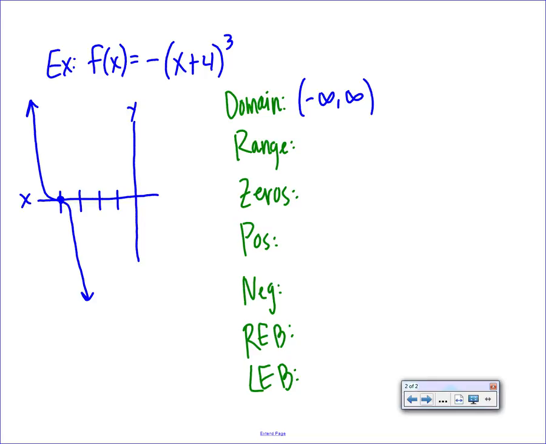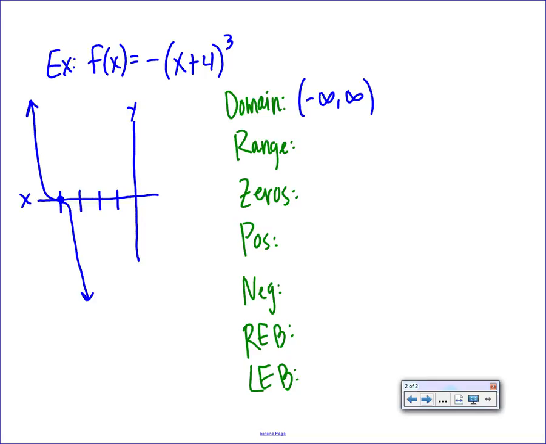Hopefully this will help you: for domain, if I were to flatten this on the x-axis, would it cover the entire x-axis? Yeah, because it goes on forever, right? If I were to just flatten it on the x-axis, it would cover everything, correct? So then our domain is everything, negative infinity to infinity.